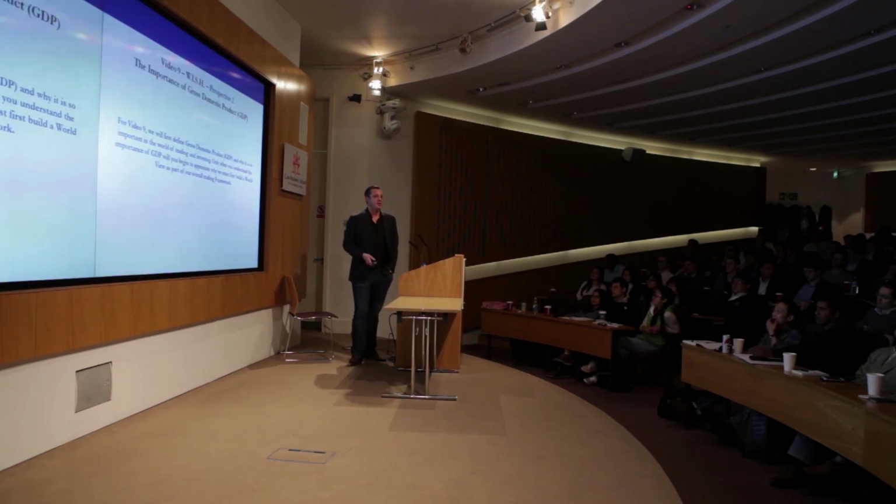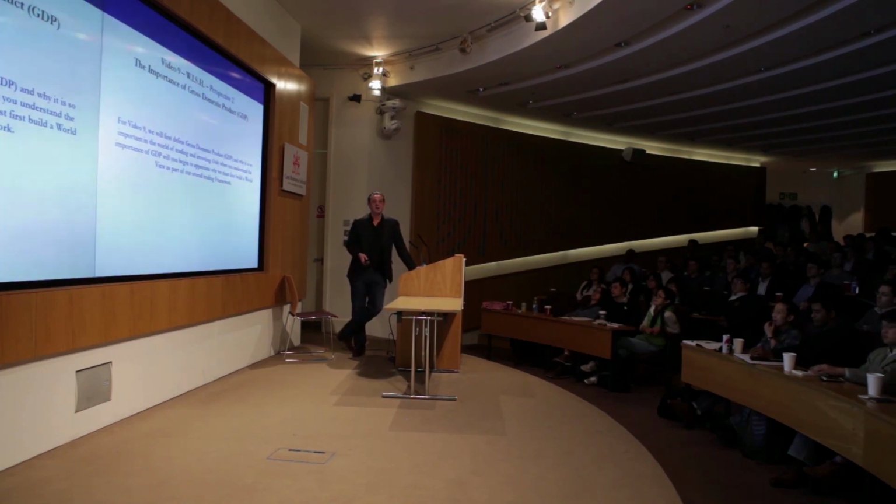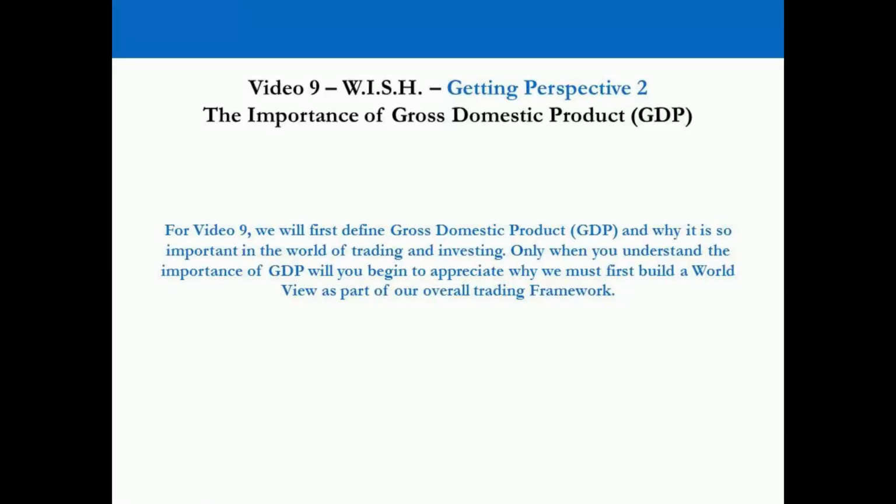In a top-down systematic process, the first thing we do is we look at GDP, gross domestic product. First thing we're going to look at is why it's so important. Once you realise the importance of certain parameters of global GDP, you'll start appreciating really why markets move the way they do.